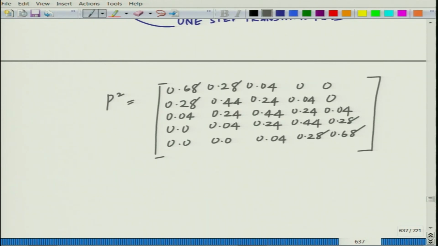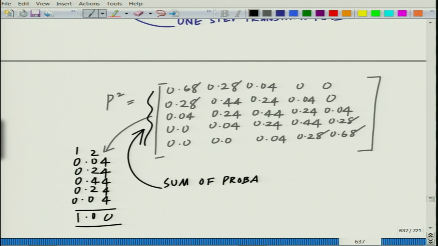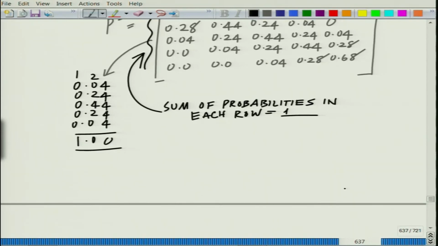And if you look at this, for instance, let us take this row, and then you have the sum of the probabilities 0.04, 0.24, 0.44, 0.24, 0.04, that is 1. So, the sum of all the probabilities in each row is equal to 1. This always holds for any transition probability matrix, always holds.